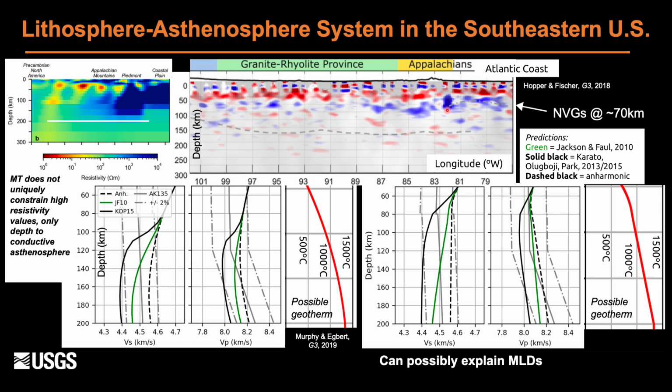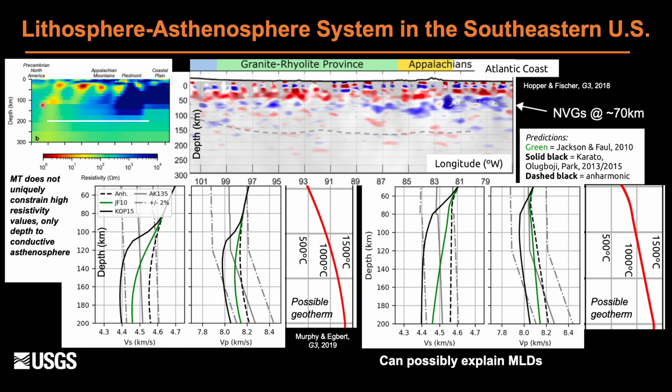One important aspect of our MT images for the southeastern US that I've glossed over so far is that our data require very high resistivity values here, but we can't actually constrain exactly how high those resistivity values need to be. We can establish a lower bound on resistivity, but we can't establish a solid upper bound. And this is essentially because of what I was describing to you at the beginning of this presentation.